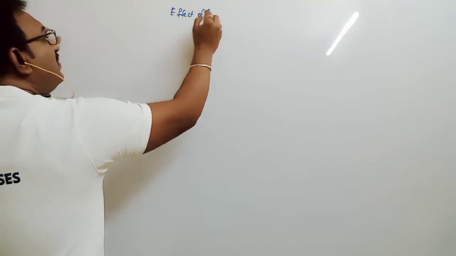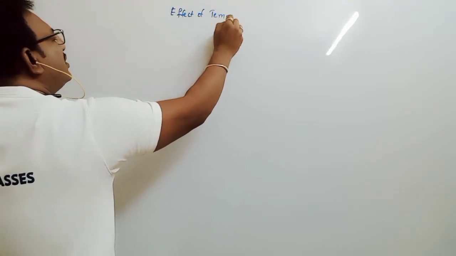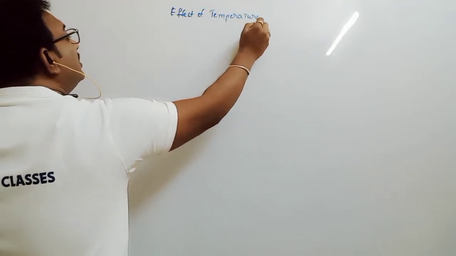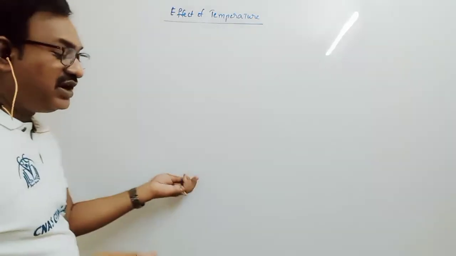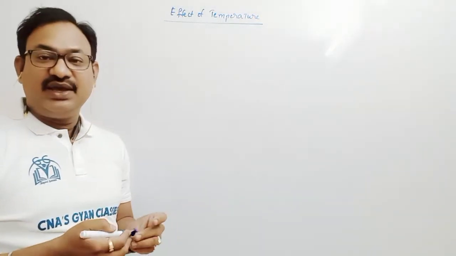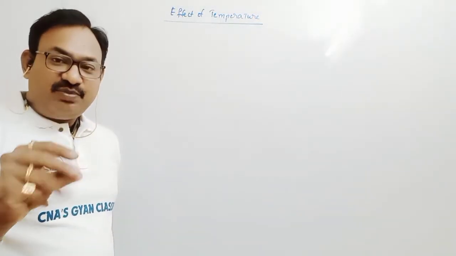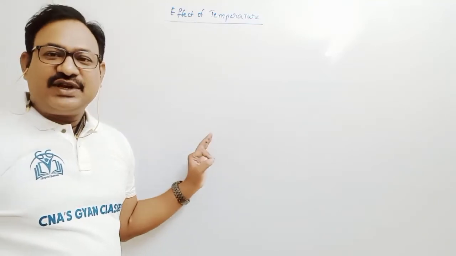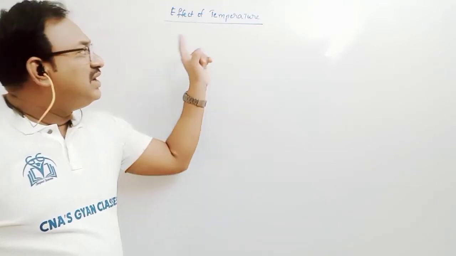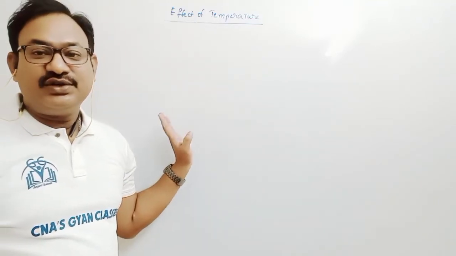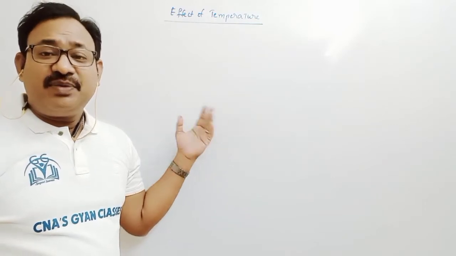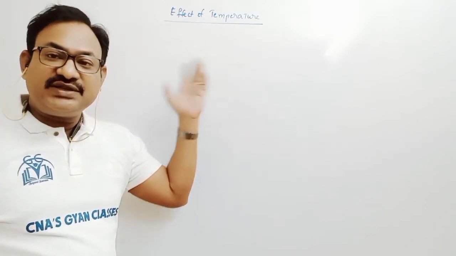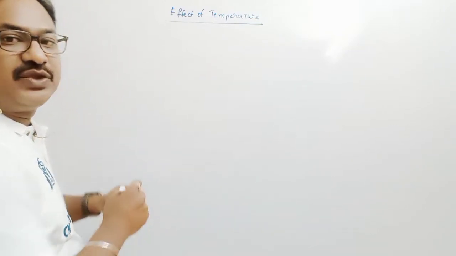Effect of temperature on rate constant, because we already described that the rate constant is independent of concentration or partial pressure. It depends only on temperature. That's why we are describing the effect of temperature here.